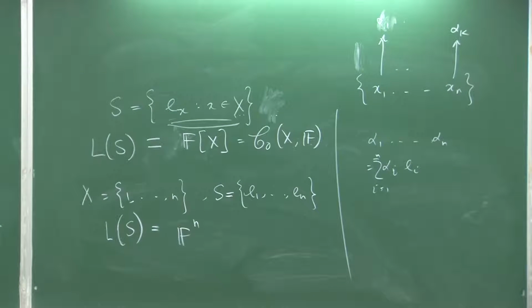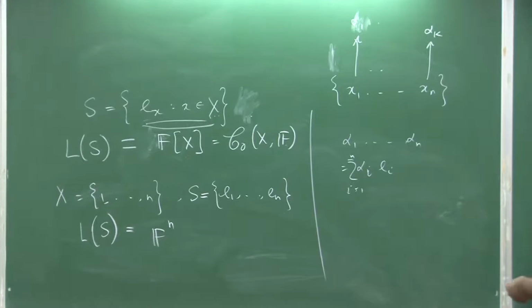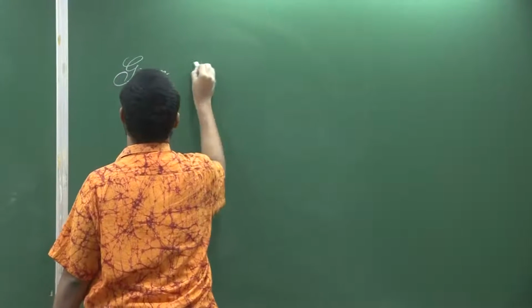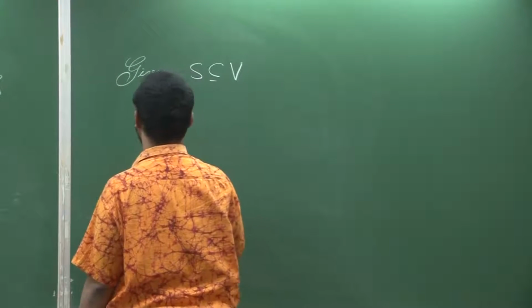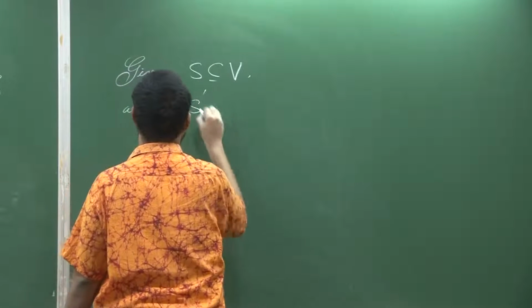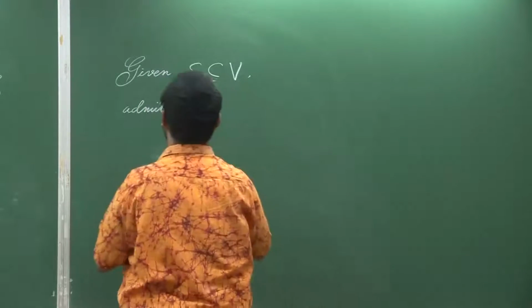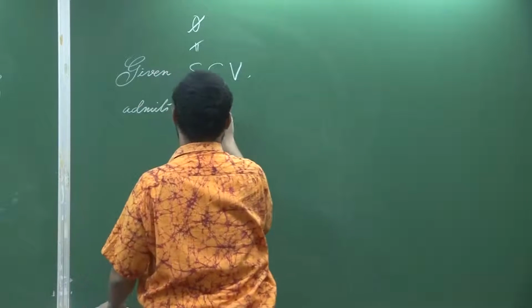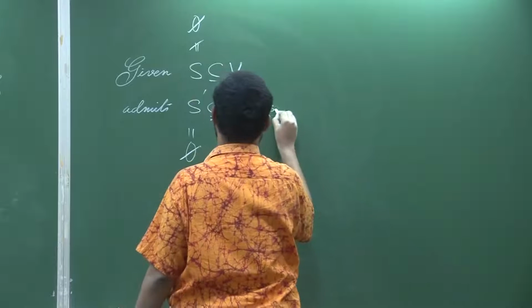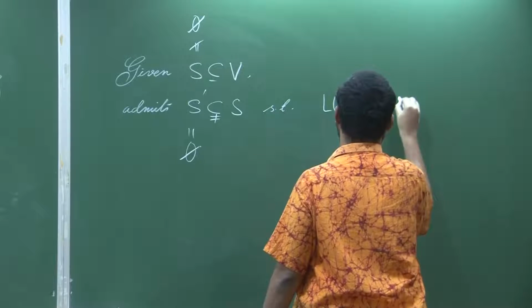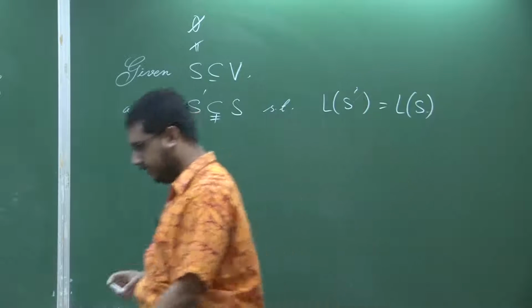Okay. Now, let us come back to the situation when, given a subset X of a vector space V, non-empty, it admits a proper subset S, also non-empty, such that they have the same span.